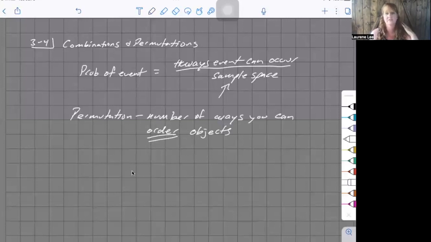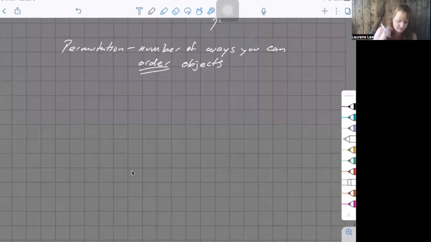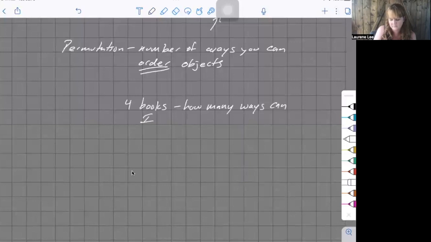It's an extension of the counting principle. Let's just take a really simple example. If I say that I have 4 books, and I want to know how many ways I can order them on a shelf.